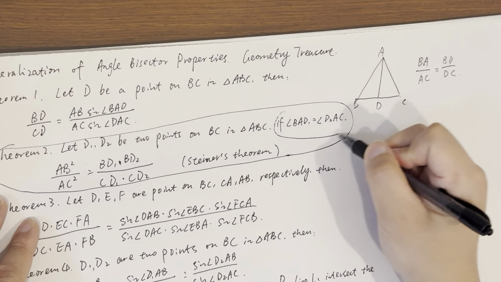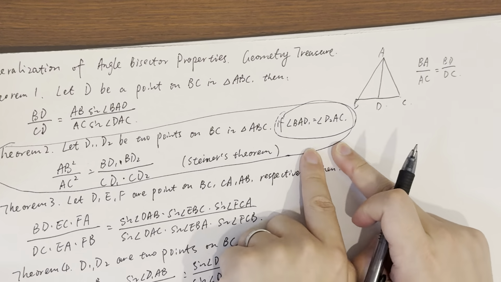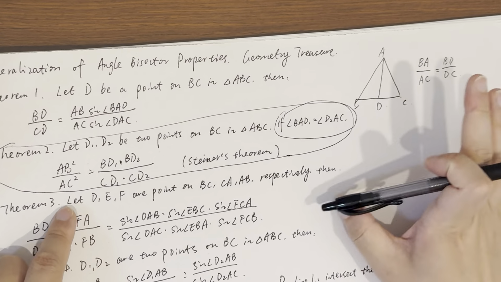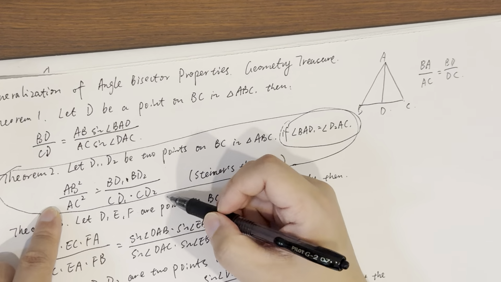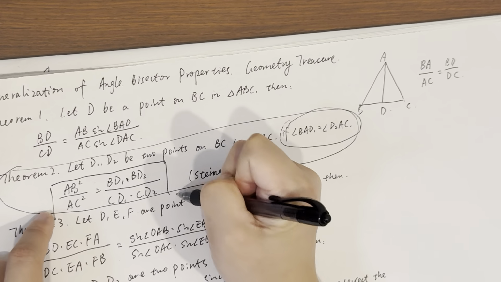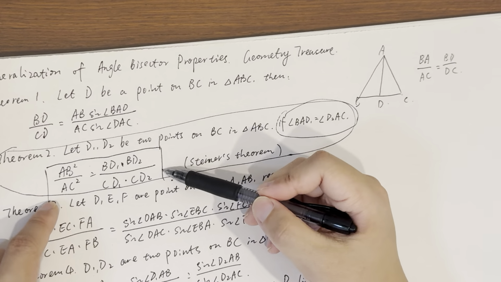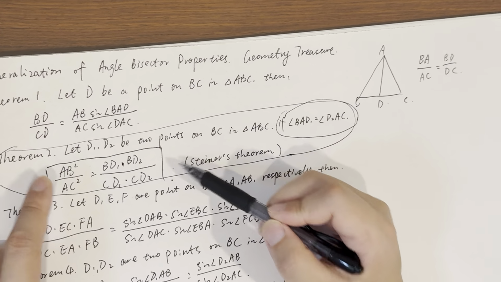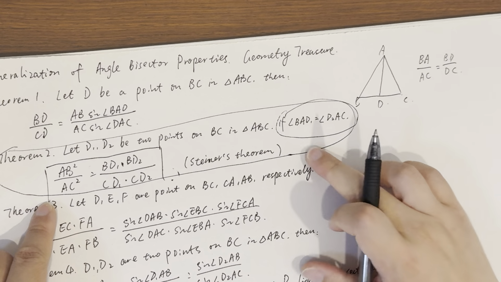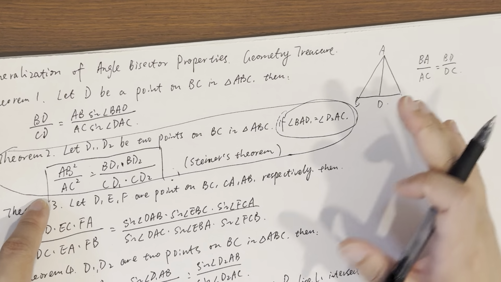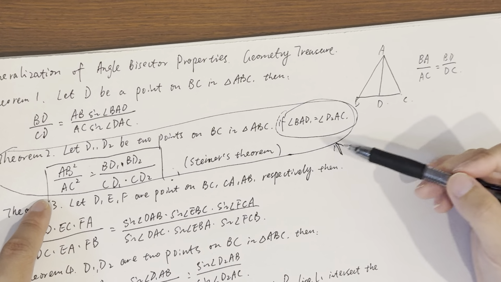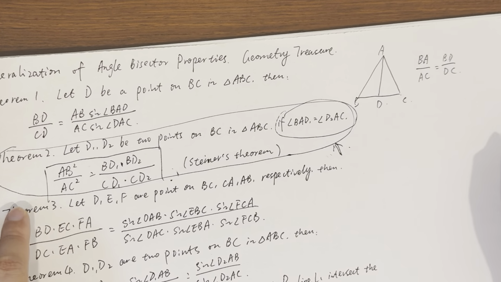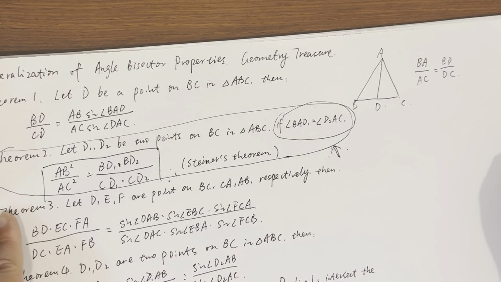Because of this problem condition, you can cancel all those sine angles, right? And then you have this sine-only expression here, and this would be the most critical one in this video. I would encourage you to remember this one, because we will use it repeatedly in the future.